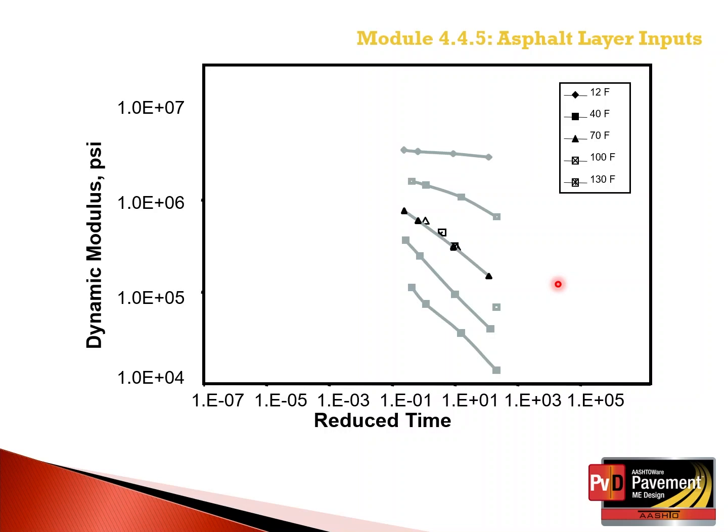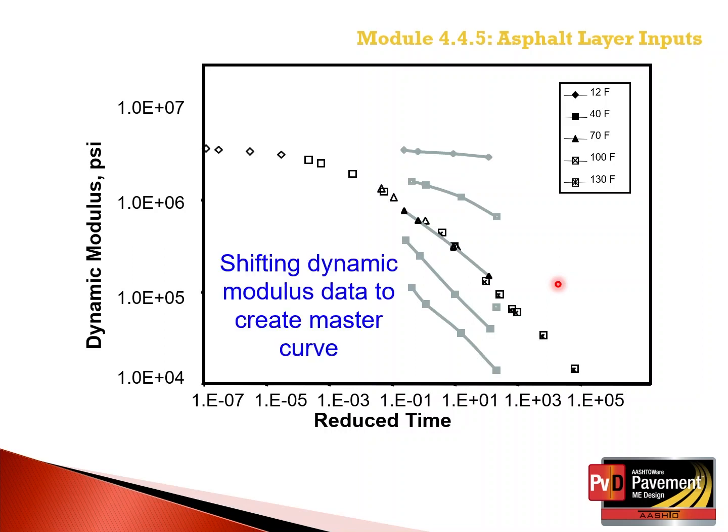Basically, there is a reference temperature, typically 70 degrees Fahrenheit, and the measured dynamic modulus values are shifted to form a master curve between the reduced time and modulus. The lower test temperatures are those below the reference temperature.